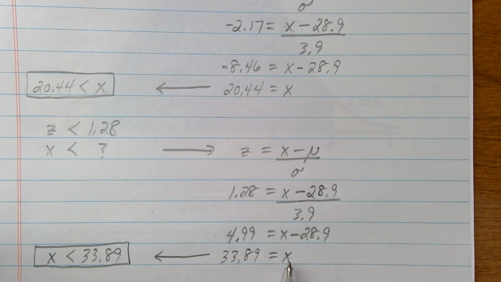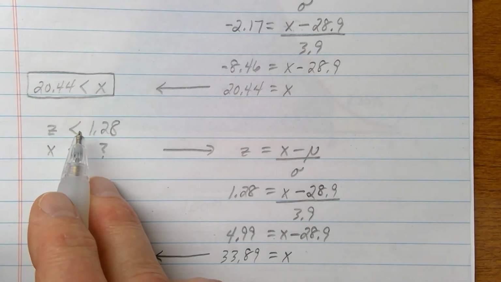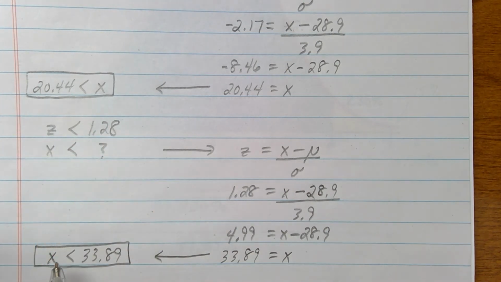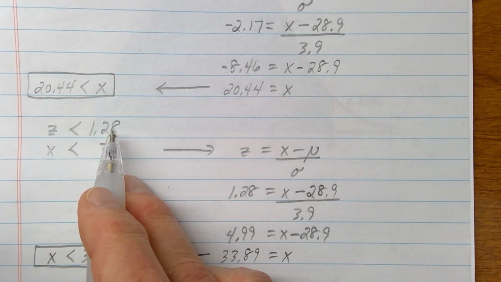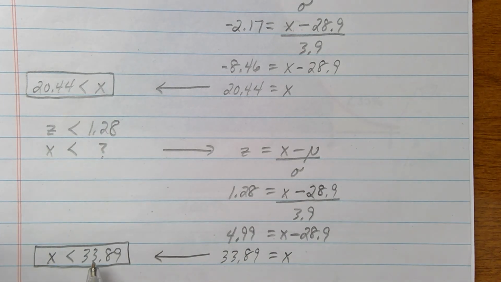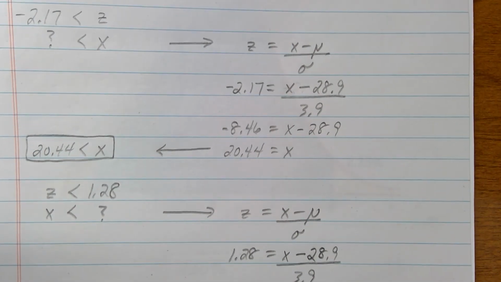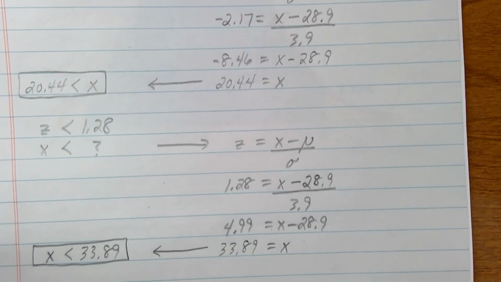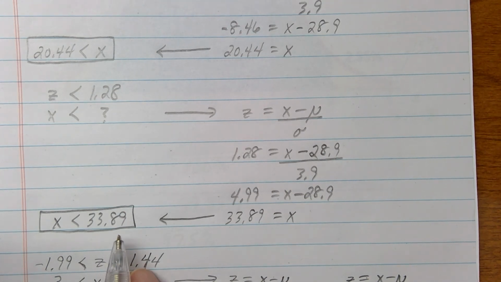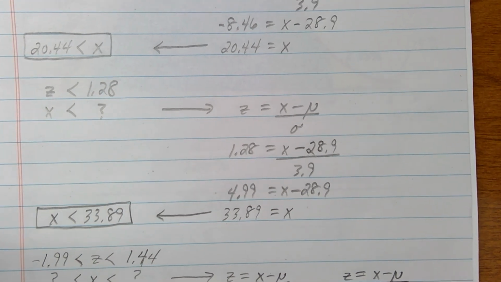So the score on the test was 33.89. So if z is less than 1.28, that means x is less than 33.89. If they scored something that was 1 1/4 standard deviations above average, that means they scored a 33.89 on the test. Remember, the average score was 28.9. They scored 33.89. That's pretty good.